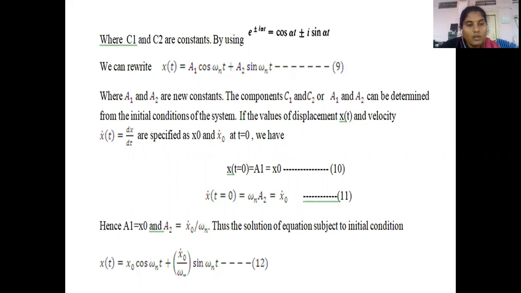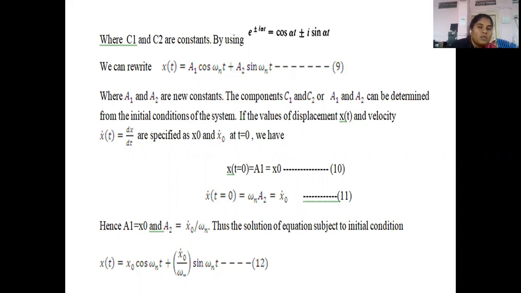Below this write down where A1 and A2 are new constants. The components A1 and A2 can be determined from the initial conditions of the system.